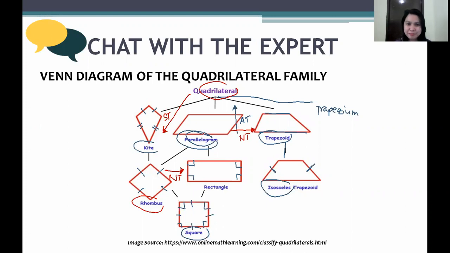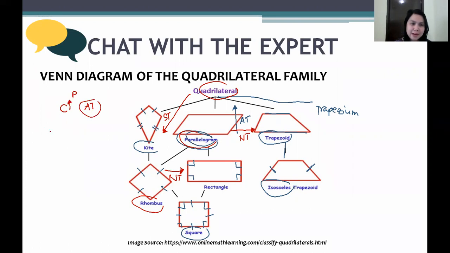So here, the first is a parallelogram is a quadrilateral. From child to parent, that is always true. Like a rectangle is a quadrilateral, always true. A trapezoid is a quadrilateral, always true. So child to parent, that's always true.